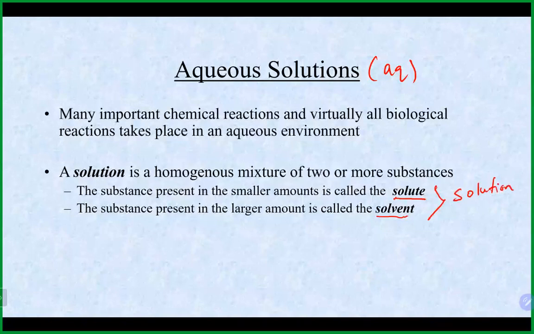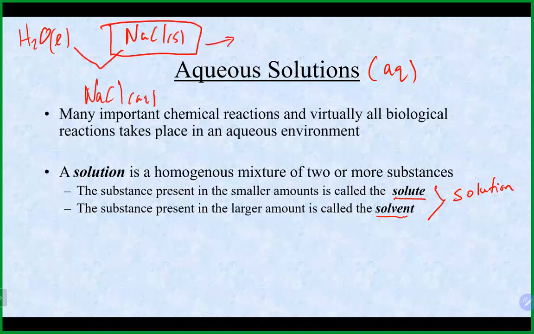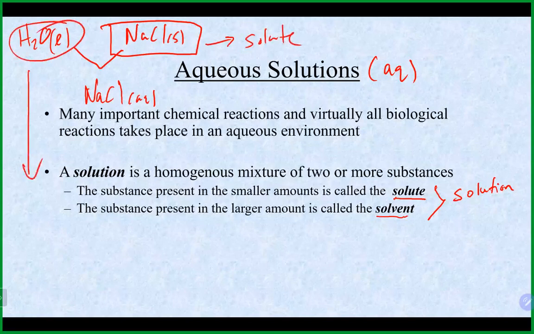For example, if we take water, which is a pure liquid, and some sodium chloride, which is a solid, and put them together, we will make a sodium chloride solution. In this example, the sodium chloride is our solute, and the water is our solvent.